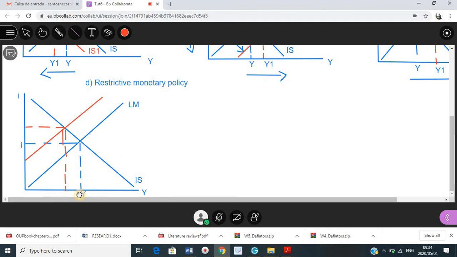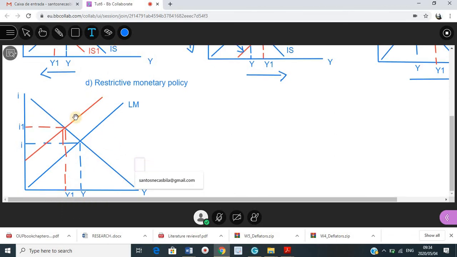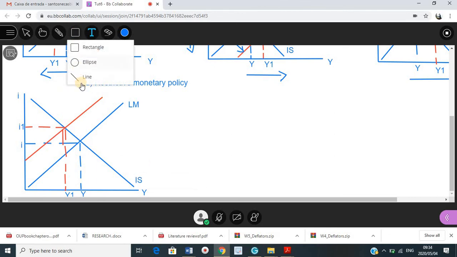All right, so I will call this I1. I'll call this Y1, and I can just show the movement. Here I will show it because I have no space down there.